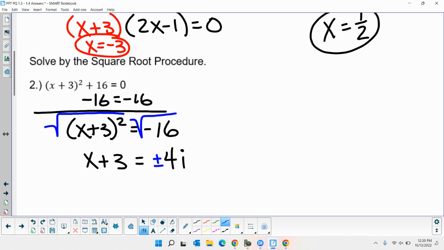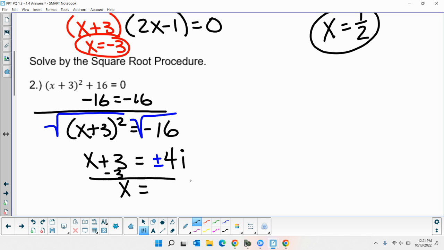Now, is this finished? No. Is x by itself? No. Chase, how do I get it by itself? Subtract 3. Right. So 4i minus 3 and negative 4i minus 3 is what? 1i and negative 7i, right? Alexa says no. Why not? It didn't sound right.